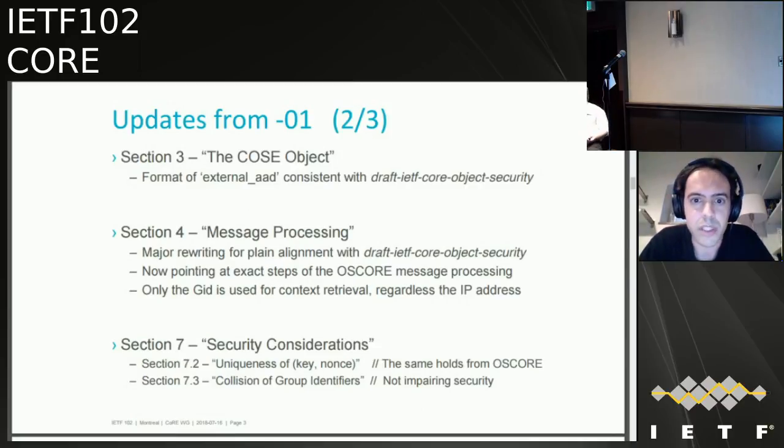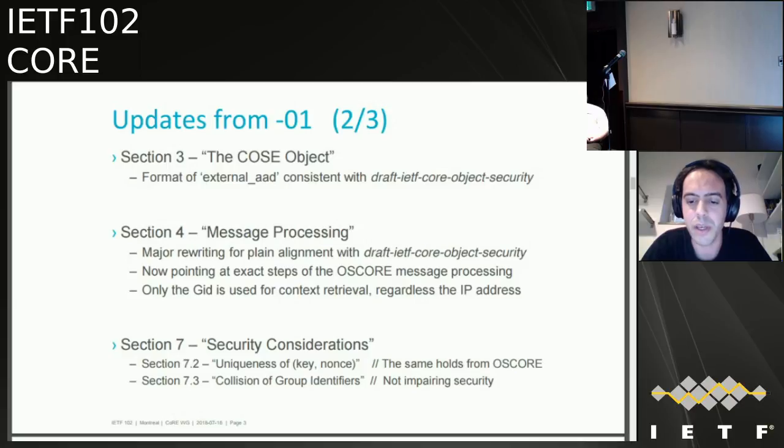For the COSE object as such, just minor adaptation as to how the external AAD is formatted. So now you have a list of algorithms. So it's there that now you have to fit the identifier of the algorithm you use for signing outgoing messages. Then section 4 went through a real major rewriting, essentially for a better alignment with the new version of OSCORE.